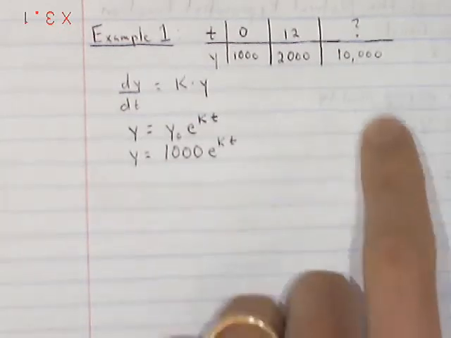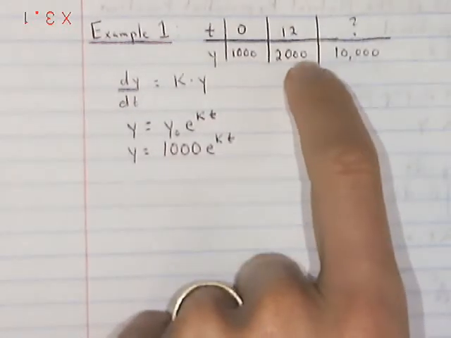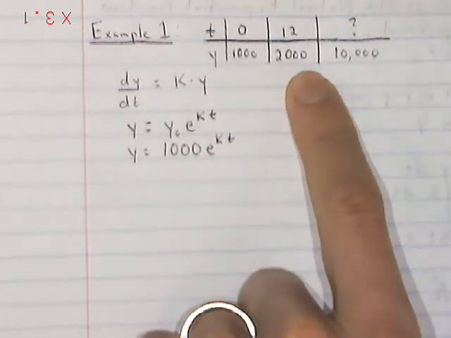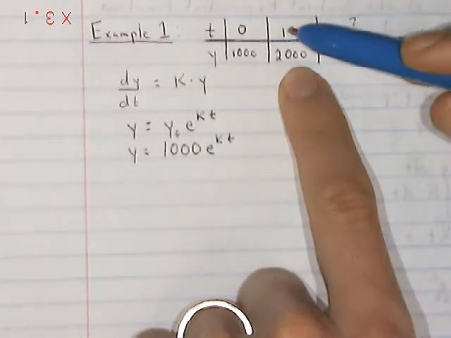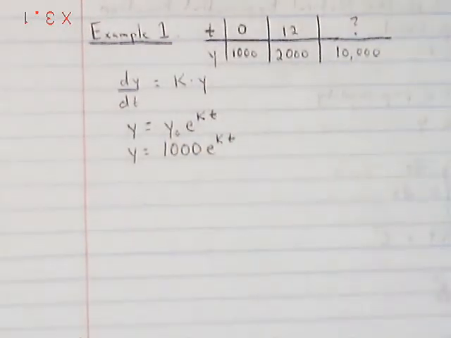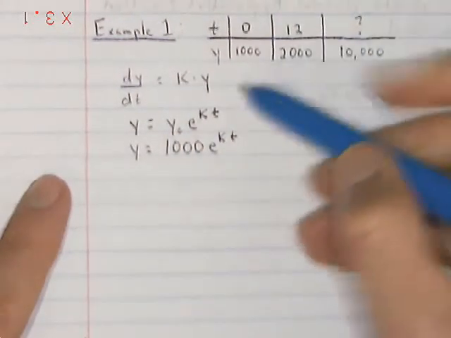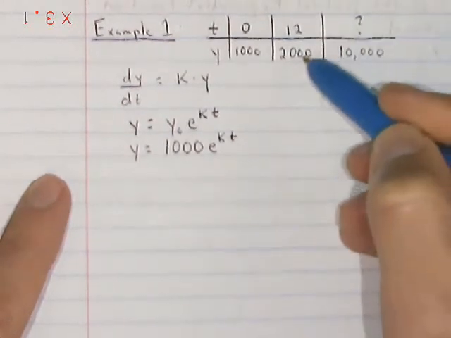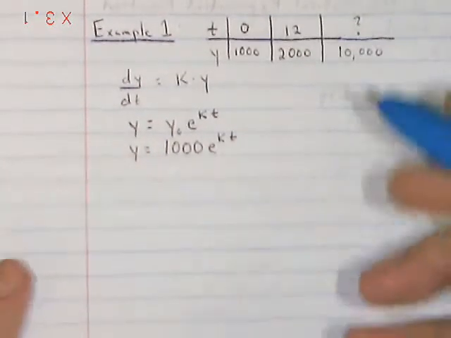Well, if they hadn't given us this second time snap, we'd be in a bit of a pickle. But because they have, we can use this information to figure out k. Because we know that at 12 minutes, at t equals 12, our function has a value of 2,000.